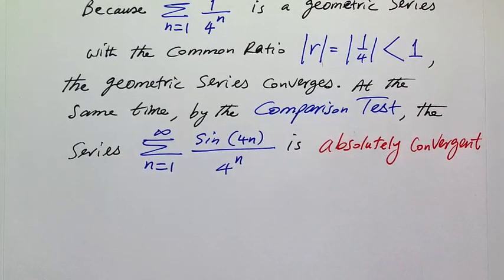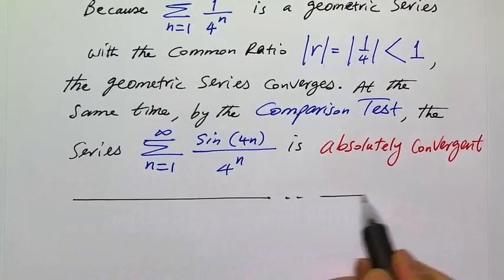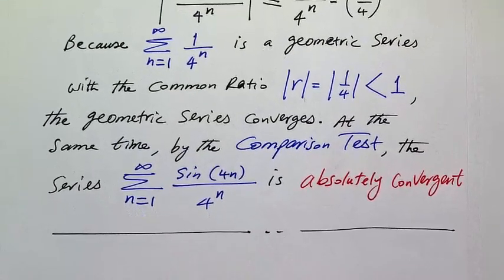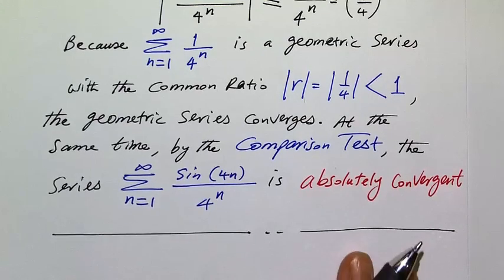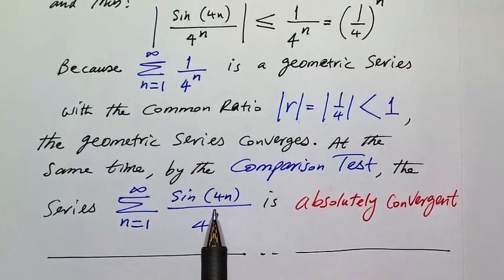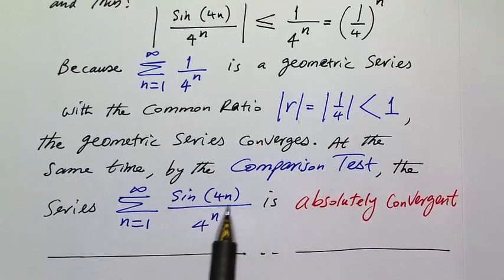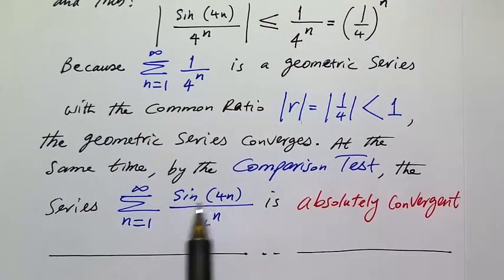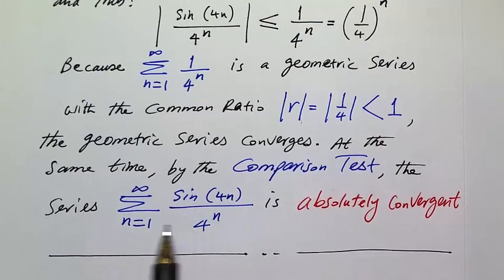Okay. And absolutely convergent is very strong. It means that this is convergent for any value of n. Whether the sine function is going to be negative or positive, it doesn't matter. It's always going to be absolutely convergent for all values of n.